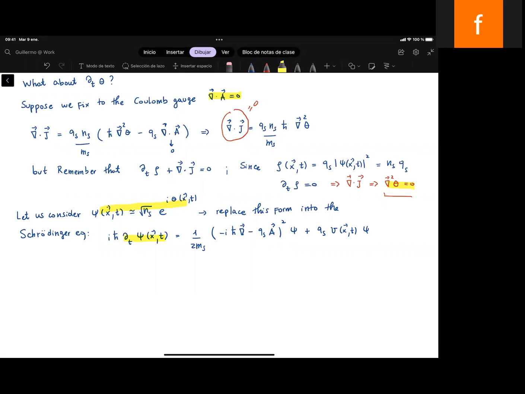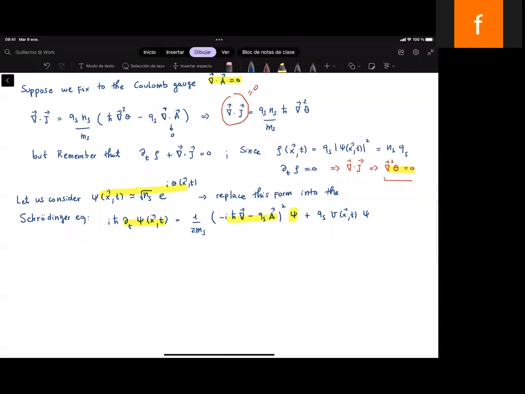Again, this is a calculation which is a little bit long. It's not so long. You can see the specific calculation in the notes later. But you have to be careful with the action of this operator squared acting on the wave function. This is the only thing that you need to be careful about.